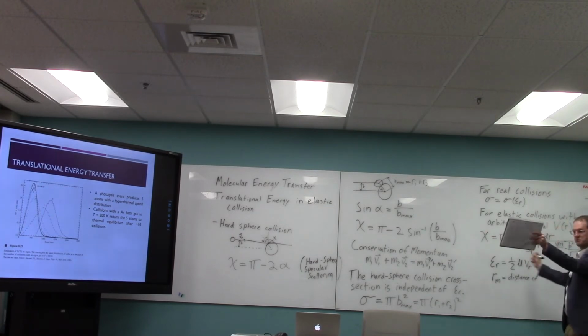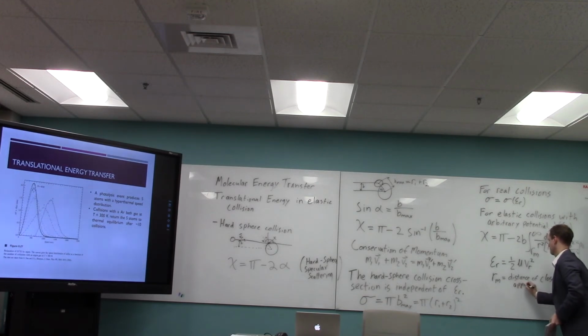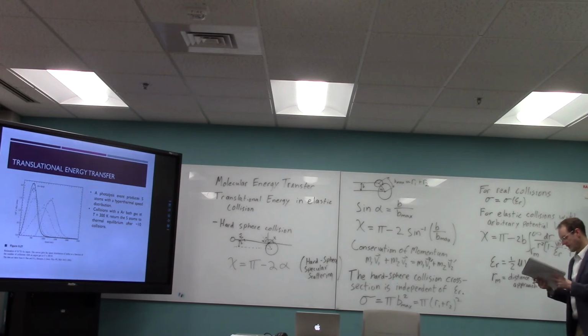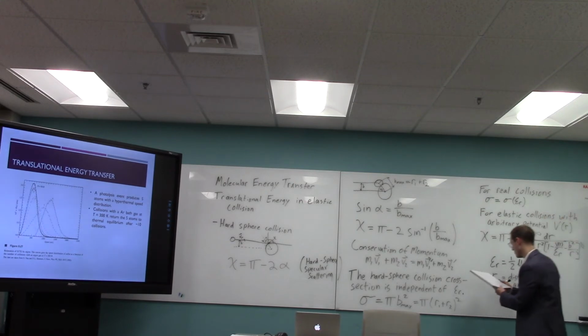So it's the closest distance that the two colliding partners arrive at during the scattering event. In general, this is going to depend on the energy, and it's also going to depend on the impact parameter.